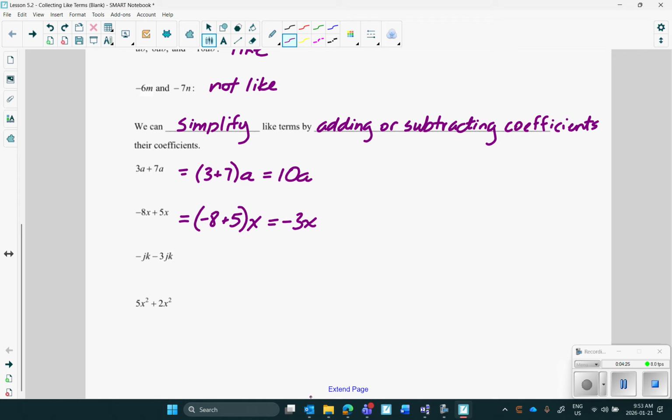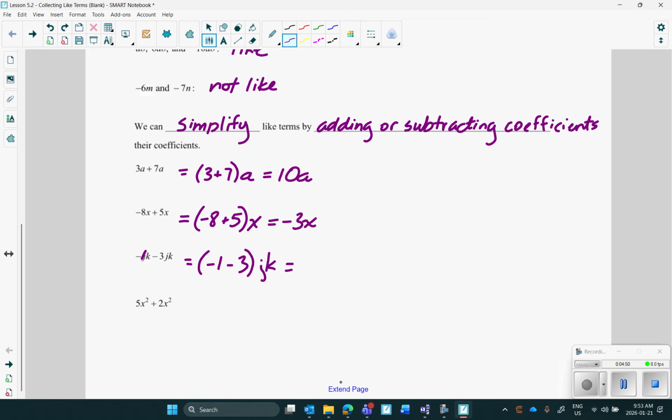Negative jk minus 3jk. We talked about this before. What number goes here? Just write it. 1. So isn't it the same as negative 1 subtract 3, and then followed by jk?